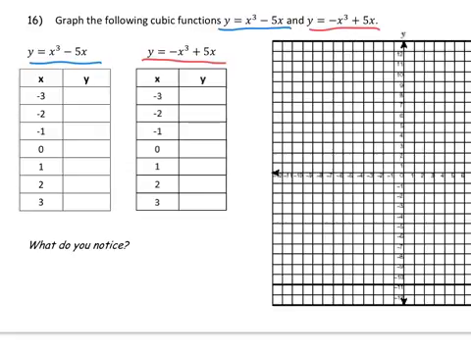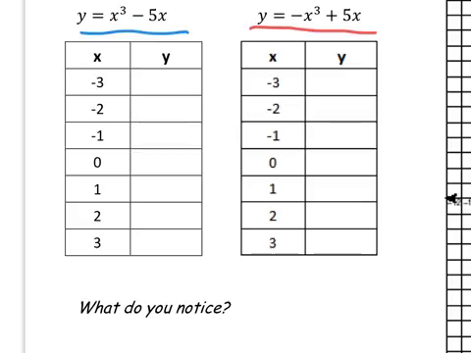I like to start with the center, so I'm going to start with 0, and if we plug in 0 for x in the blue one, we will get 0 out. 0 cubed is 0, minus 5 times 0 is 0. Let's plug negative 1 in. If we plug negative 1 in, we will get 4. If we plug negative 2 in, we get 2.